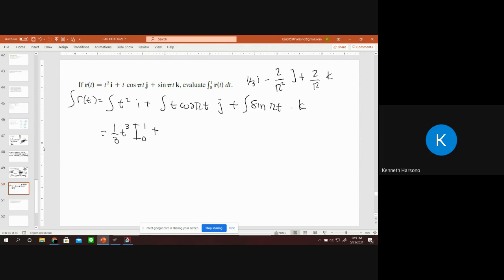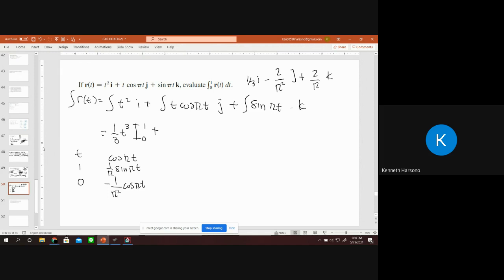You can just use partial derivation, partial integration, sorry. So t cos pi t, derive this one, 1, 0, integrate this one became 1 over pi sine pi t, not pi sine pi t. Maybe you have some miss on that. And the second one is minus 1 over pi squared cos pi t.